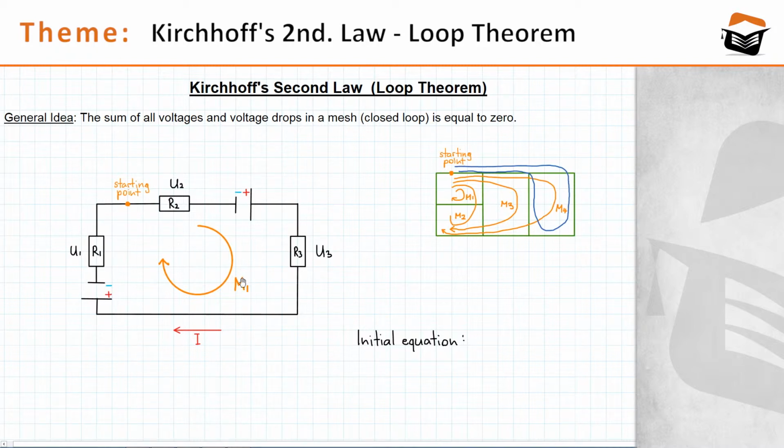So, this is my starting point, and I have a clockwise mesh in the circuit. Along the closed loop, I encounter a resistor, a voltage source, and then some more resistors and voltage sources. Let me now set up an initial equation that reflects Kirchhoff's second law.